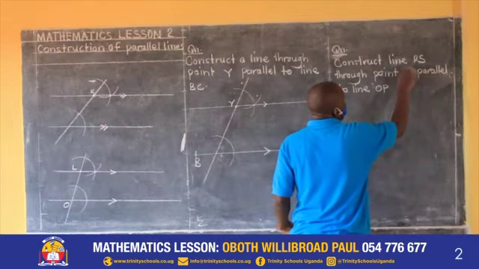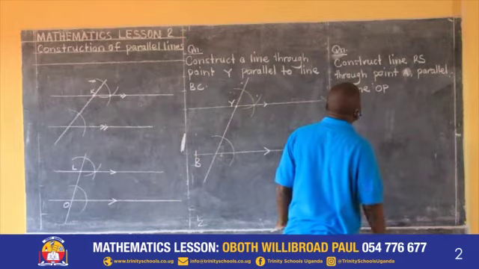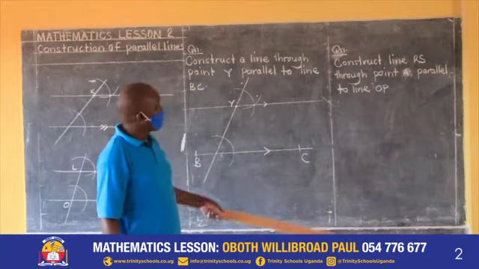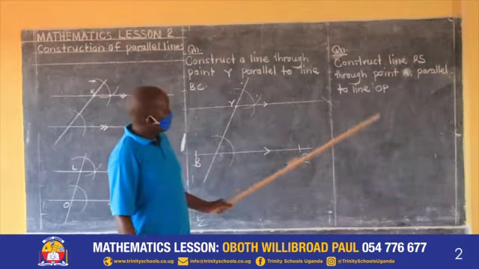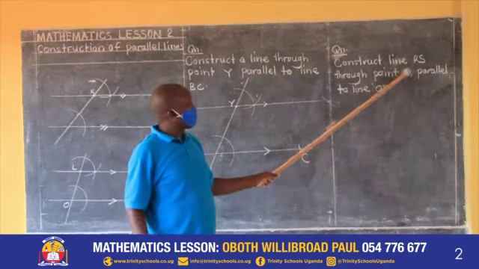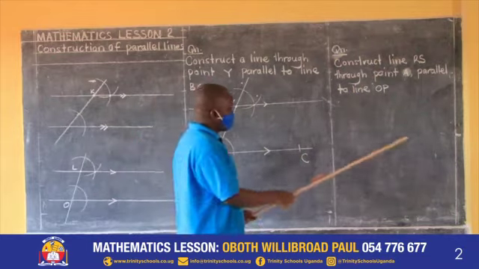Let's change this one to A. Construct line RS. So the line that you are going to construct is RS through point A. That line must pass through point A. Point A is going to be given, and it must be parallel to another line that is given, PQ.